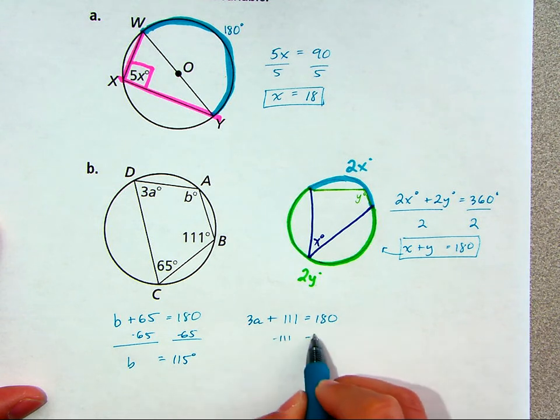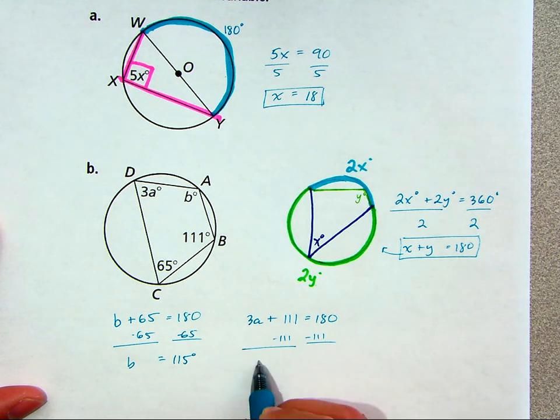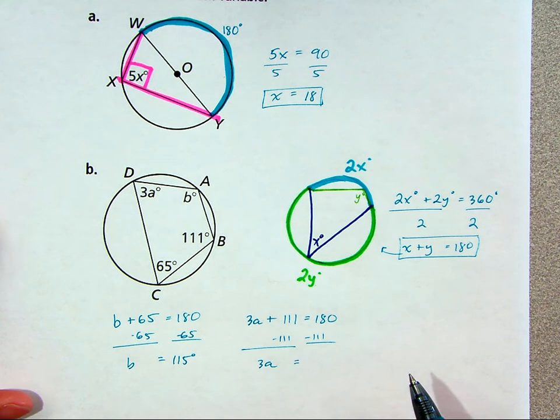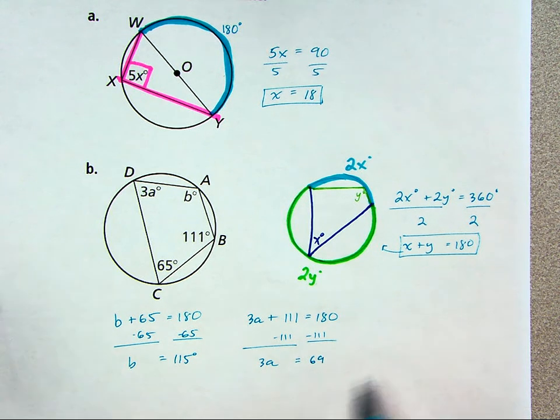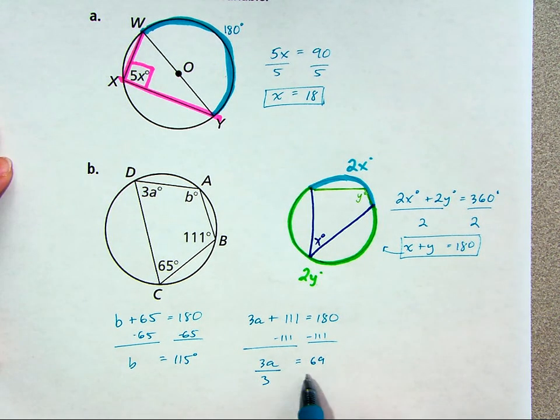Subtract 111 from both sides: 3a is equal to 180 minus 111, which is 69. Then divide by 3, so a is equal to 23 degrees.